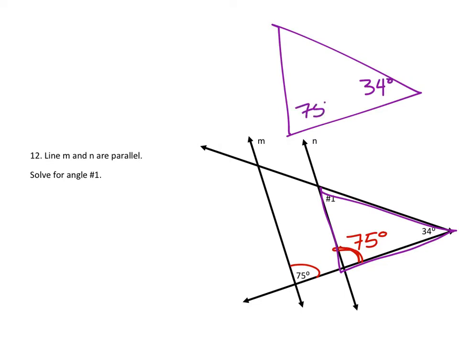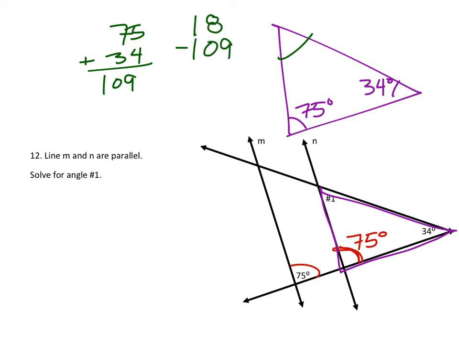This is 75 degrees. If I wanted to solve for this angle, I would add the 75 and the 34, and I get 109 degrees. I'm just going to take that 109 degrees and subtract it from 180, and it looks like it is 71 degrees. This angle 1 is 71 degrees.